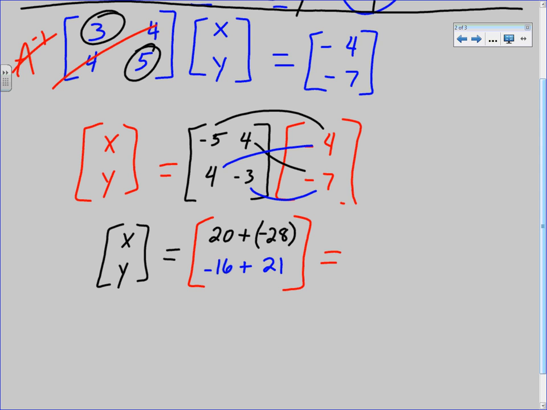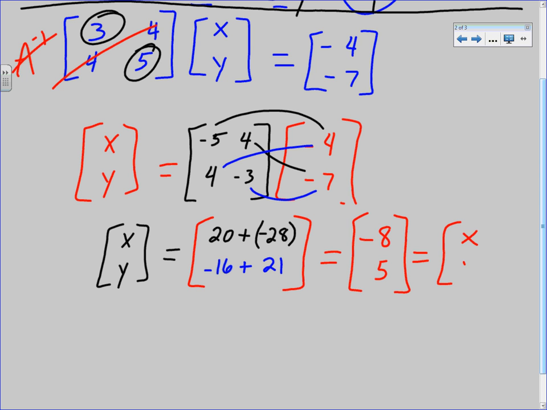Let's see what we have here. 20 plus negative 28 is negative 8. And negative 16 plus 21 should be 5. And so we have found out what this is equal to.